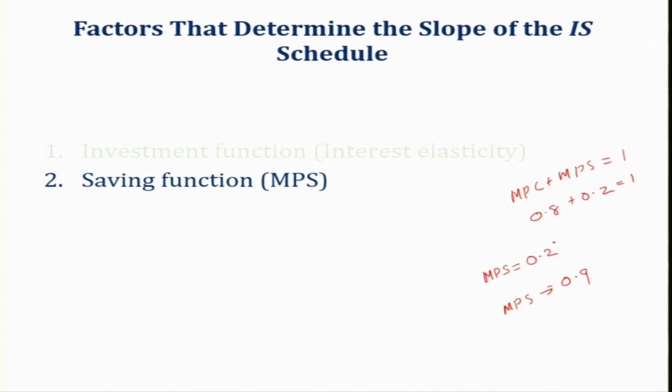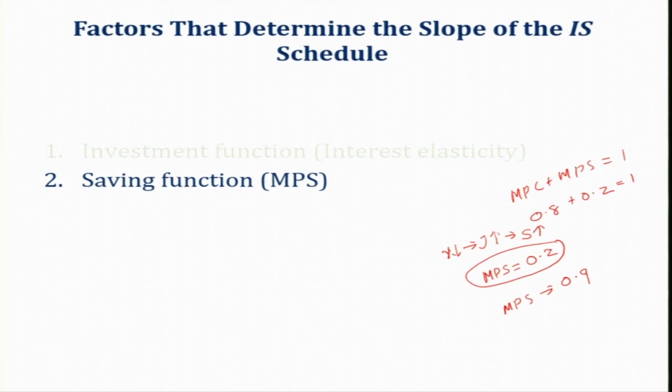So, in case 1, when the marginal propensity to save is small, due to a change in the rate of interest, a large increase in income is required to finance the saving, because we know that when the rate of interest decreases, investment will increase, so saving must increase.